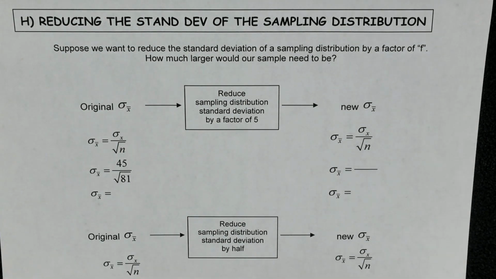Alright, so here's another kind of random idea for you. We've talked about standard deviation and how spread out your sampling distribution is. We can change that by changing the sample size.